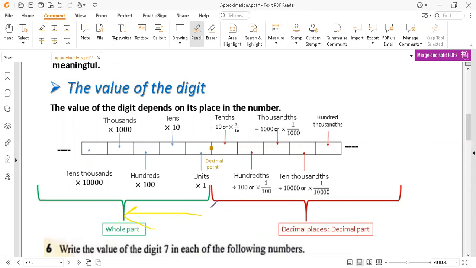So starting from the decimal point from right to left, we have the unit, the tens, the hundreds, the thousands, and the 10,000, and so on. And moving from the decimal point to the right, we have the decimal places, or the places of the decimal part, represented in order by tenths, hundredths, thousandths, and ten-thousandths and hundred-thousandths, and so on.